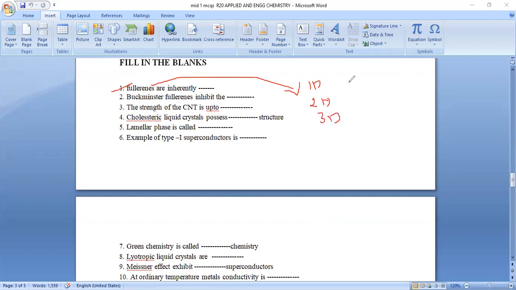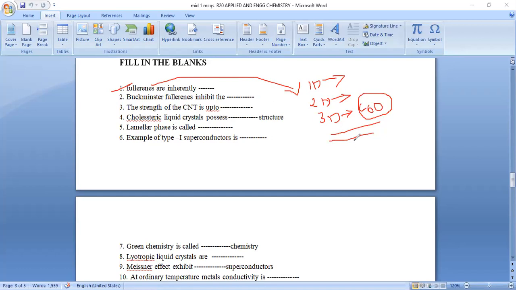What is the difference between the three cases? One-dimensional is carbon nanowire, two-dimensional is carbon nanotube, and the three-dimensional one we're discussing is C60 carbon nanomaterial, which is the Buckminster fullerene. When we are discussing C60 materials, they are known as fullerenes.